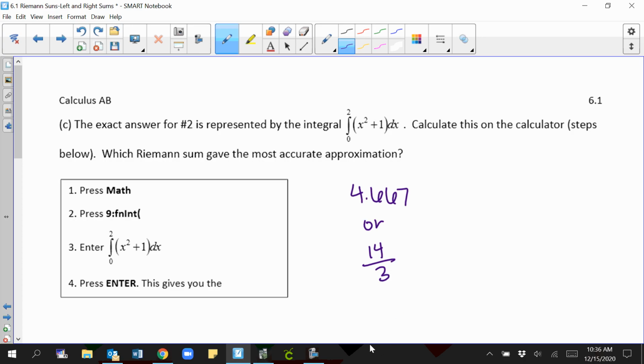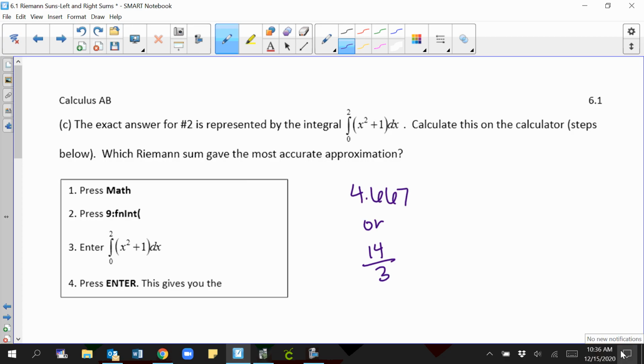And so if we look at our Riemann sums and it says which one gave the best approximation, well, one was at 3.75 and one was at 5.75, so they both were kind of equally away from that 4.67. But it does look like the 3.75 would be a little bit closer, so our left Riemann sum, our underestimate, was a little bit more accurate. But they're still pretty far off from our actual value.